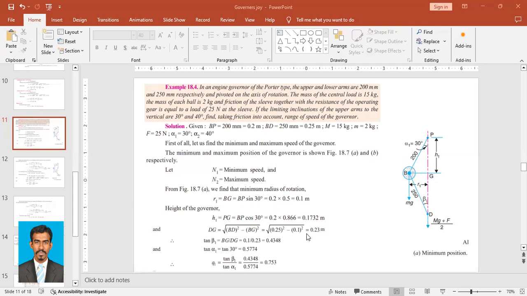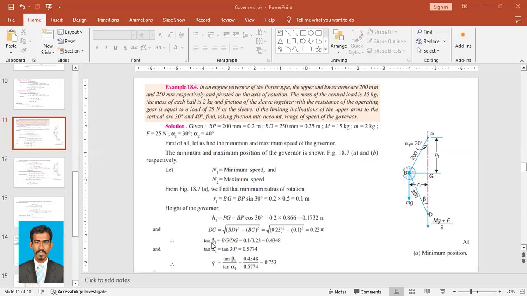At last we get DG equal to 0.23 meter. Therefore tan beta is equal to BG upon DG, that is 0.1 upon 0.23. So the answer is 0.4348.